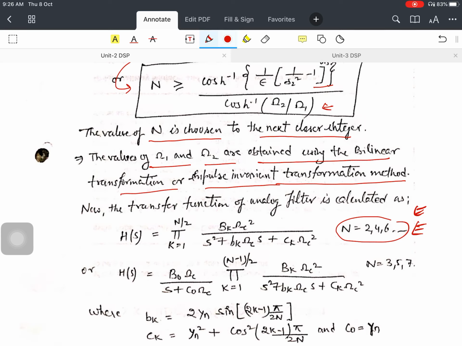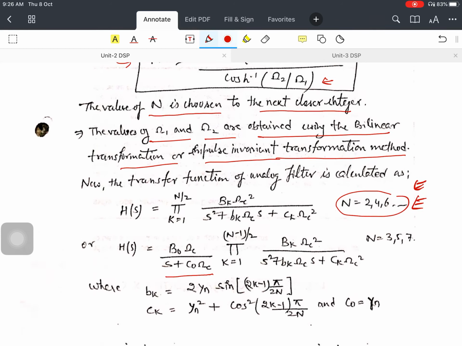If n is odd, then obviously you have to write V0 Ωc upon s + c0 Ωc, times the product for k = 1 to (n−1)/2 of Vk Ωc² upon s² + bk Ωc s + ck Ωc².